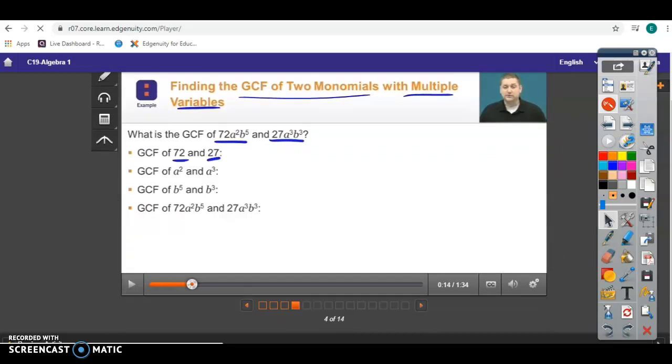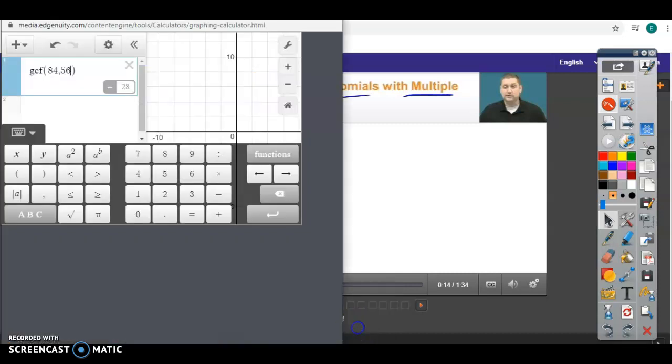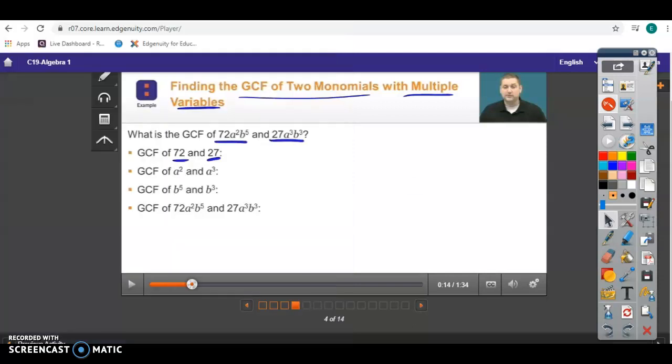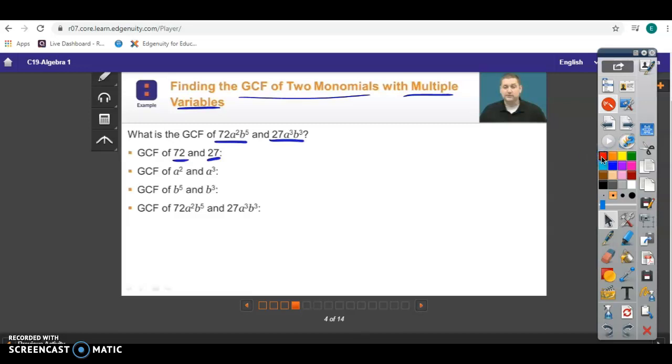So when I have letters now, I can still do the numbers in the calculator, 72 and 27. So the greatest common factor of 72 and 27 is 9. Okay, so I know that it's going to be 9. But then we also have to do the letters. So I'm going to do the letters of the first one.